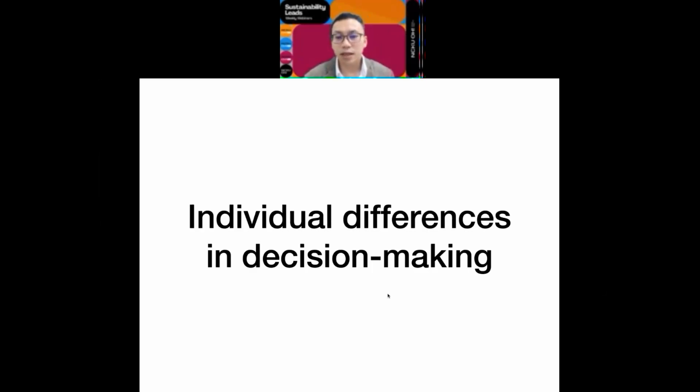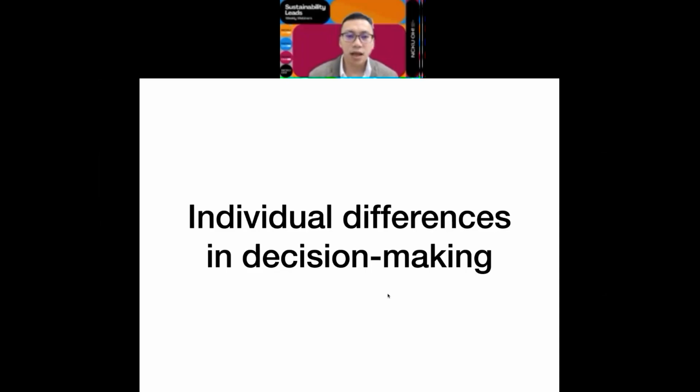In the last topic, I would like to show you how to apply SFT in studying individual differences in decision making. People may differ from each other in many domains, right? So for example, here, people may differ with each other in their processing architecture, in their stopping rule, and in their processing capacity.